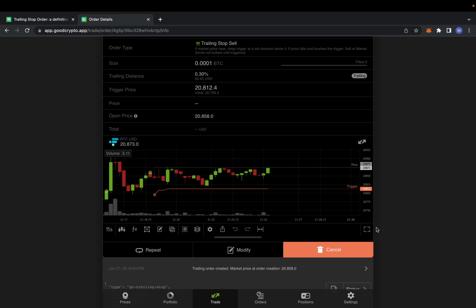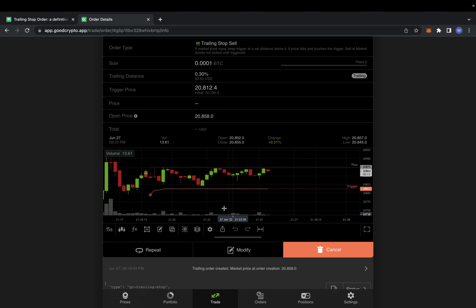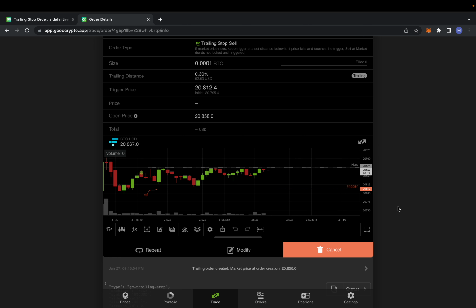But when the trend changes, so the price stops moving lower and reverses and moves up, that's when you want to enter. So basically using trailing stops to enter a position not only allows you to potentially improve your entry price, but also to maximize the probability of entering at the right moment, when the trend changes.